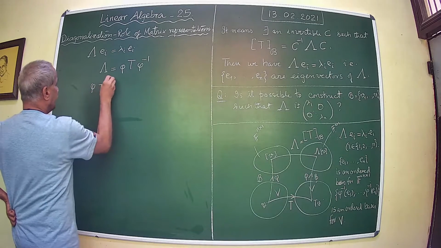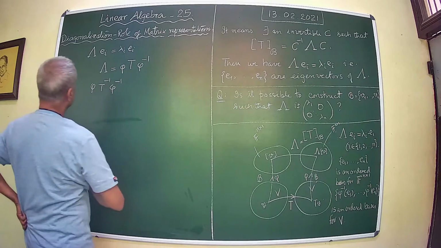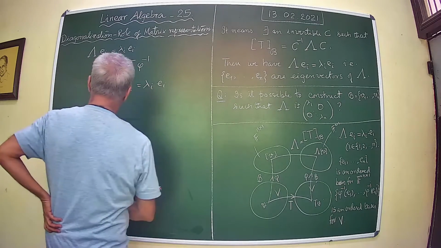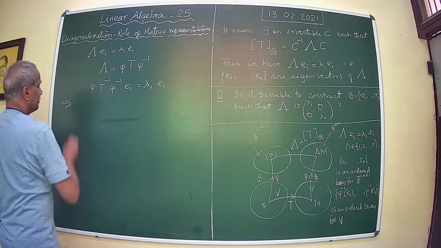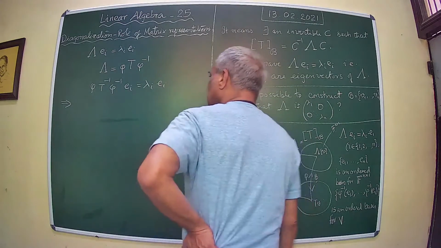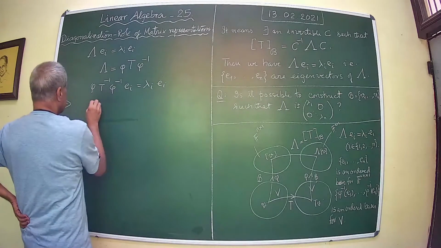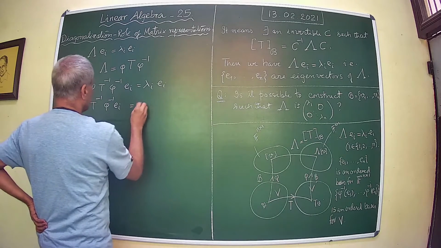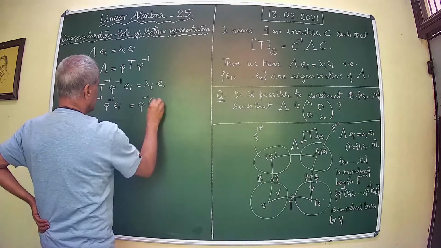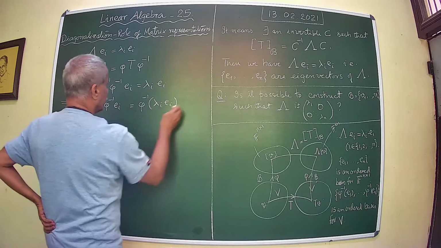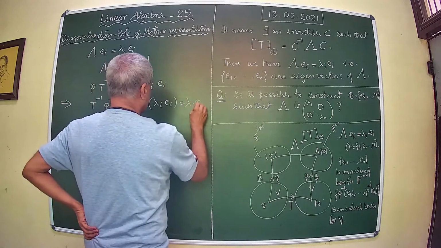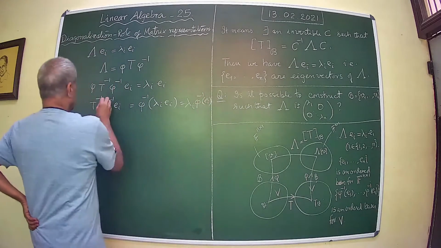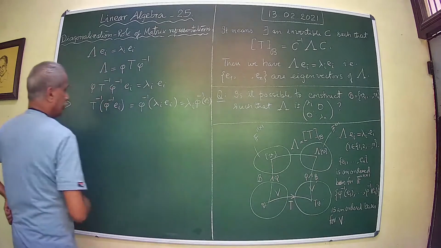phi T inverse phi inverse of ei equal to lambda I, which implies, because phi is invertible, T inverse, which is equal to lambda I. So suppose I put a parenthesis, then what happens?